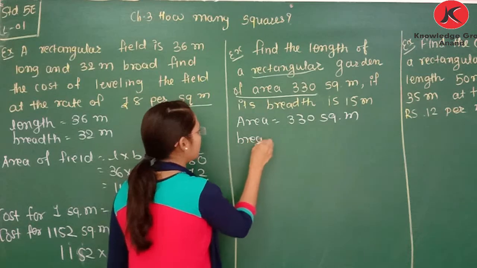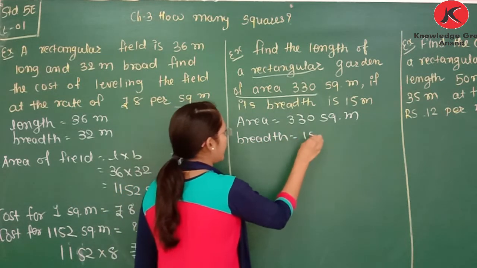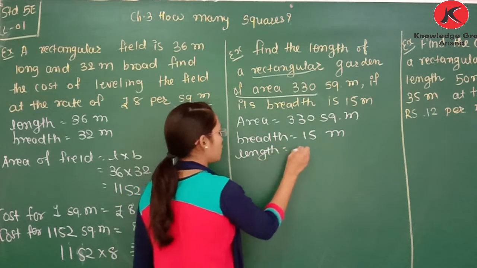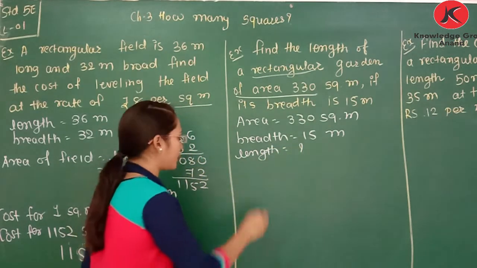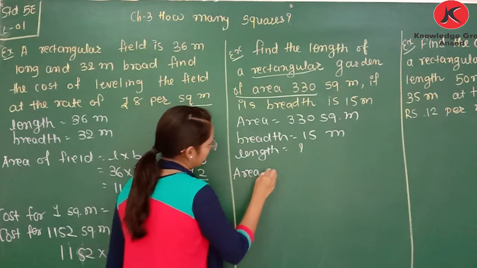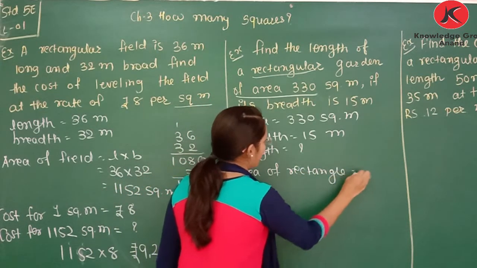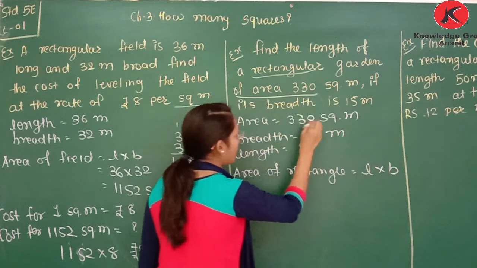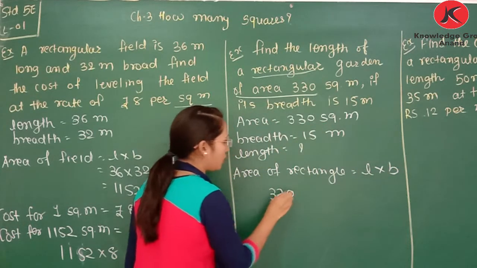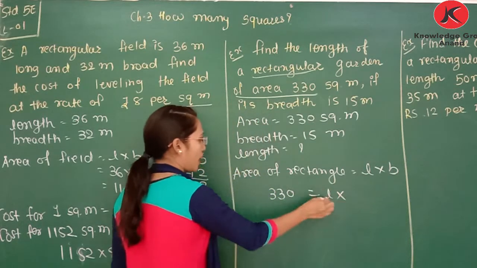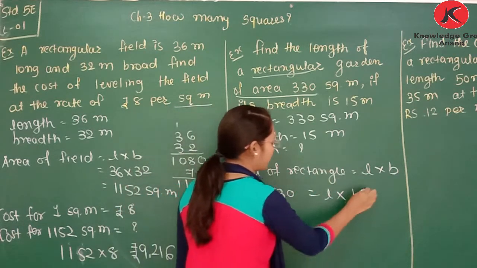Breadth is given, 15 meter, and you need to find length. So which equation will we use? Area of rectangle, that is L multiplied with B. Given, 330 is equal to length is not given, so L as it is, and 15.